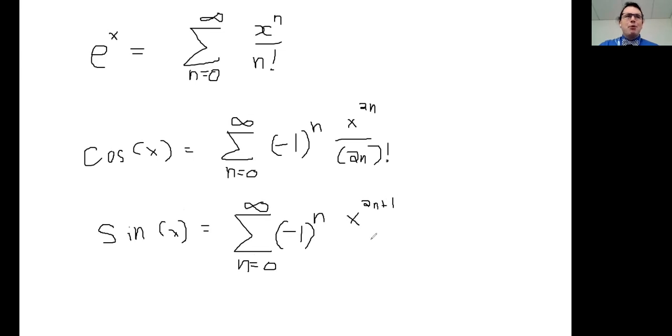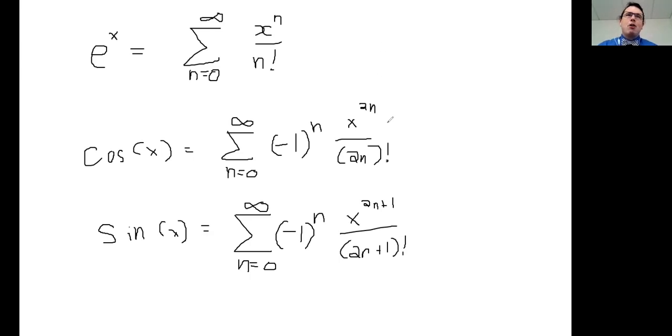This is an interesting property of power series, similar to polynomials. In polynomials, if I know I have an even function, only even powers of my variable are going to show up. And if I know I have an odd function, only odd powers of my variable are going to show up. And this is also true for power series, at least as long as they're centered at 0.